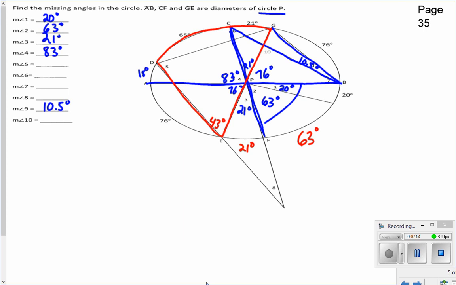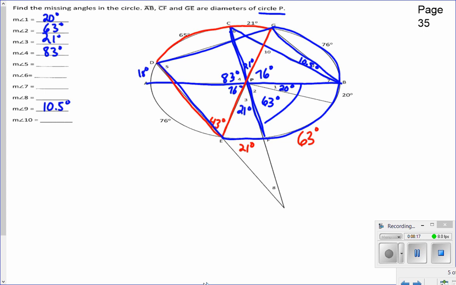Okay, now we were looking for other inscribed angles, and I do see one here at 5, angle 5. So if I highlight that, there's my inscribed angle. There's my intercepted arc.